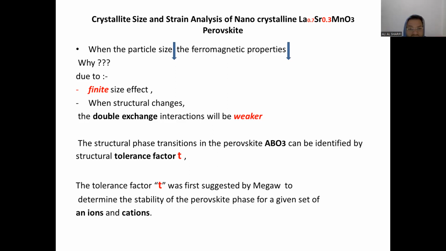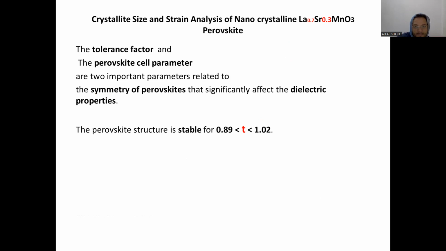It's used to determine the stability of the perovskite oxide phase for a given set of anions and cations.